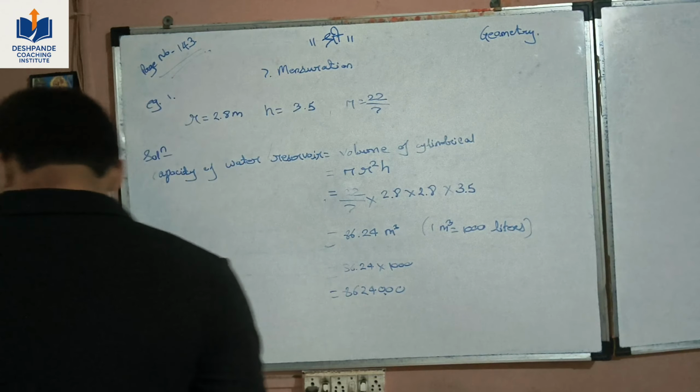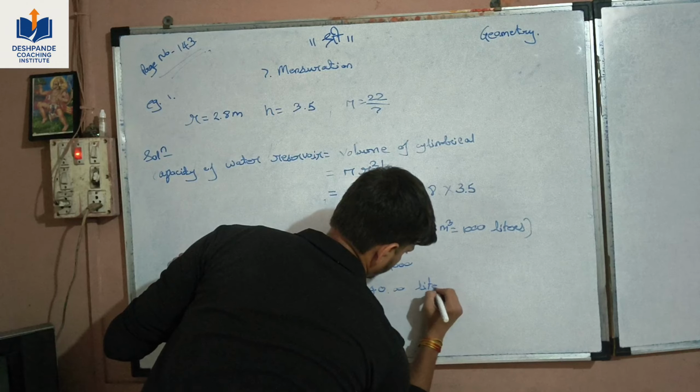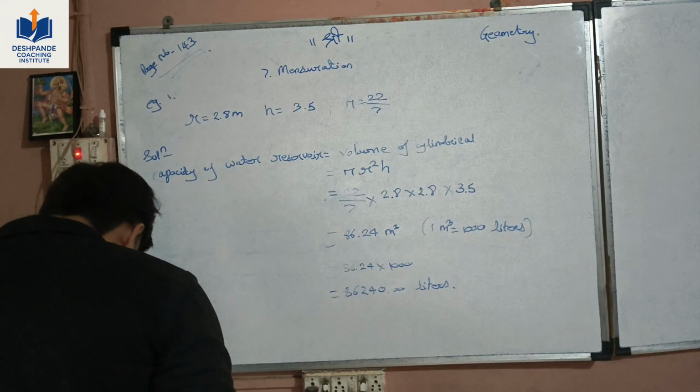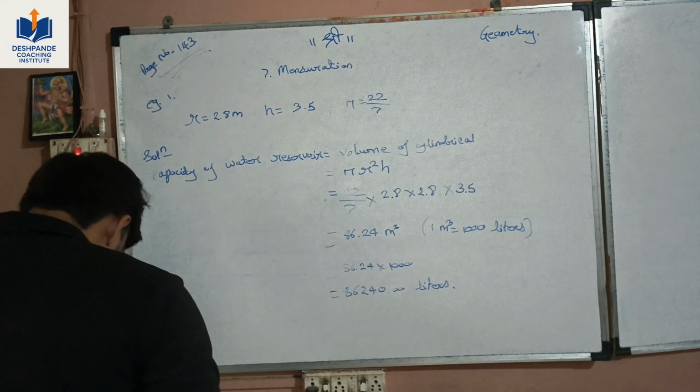One person drinks how much water per day? 70 liters of water per day.